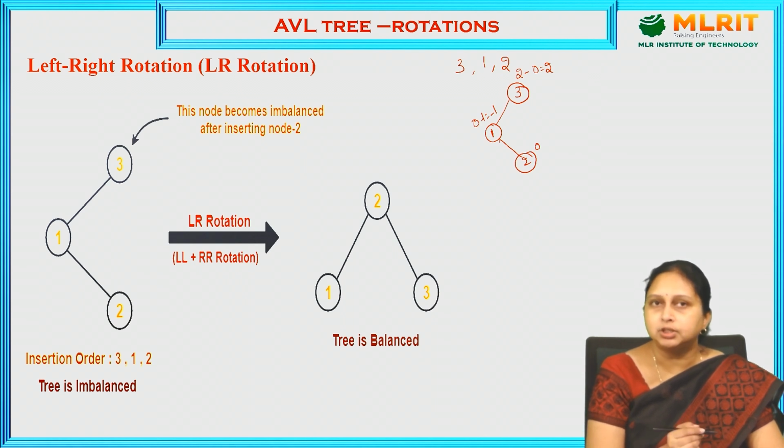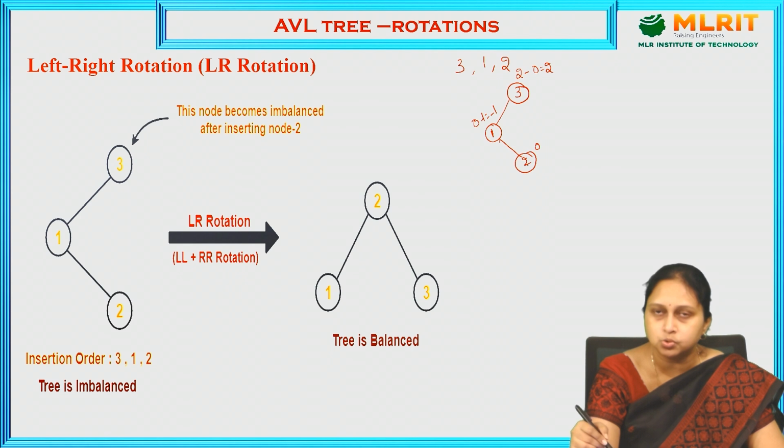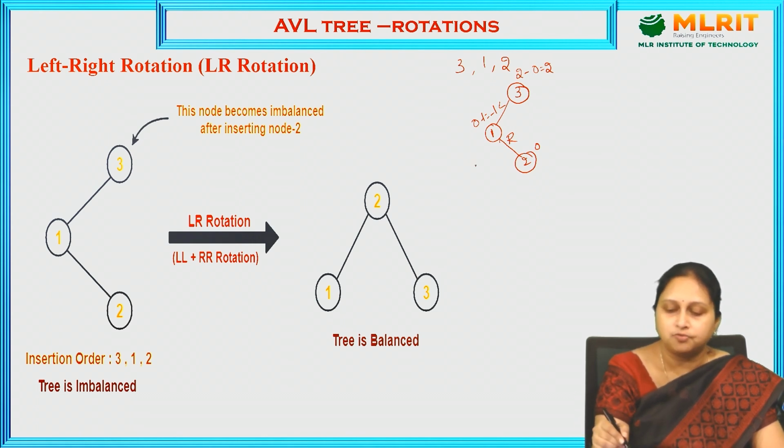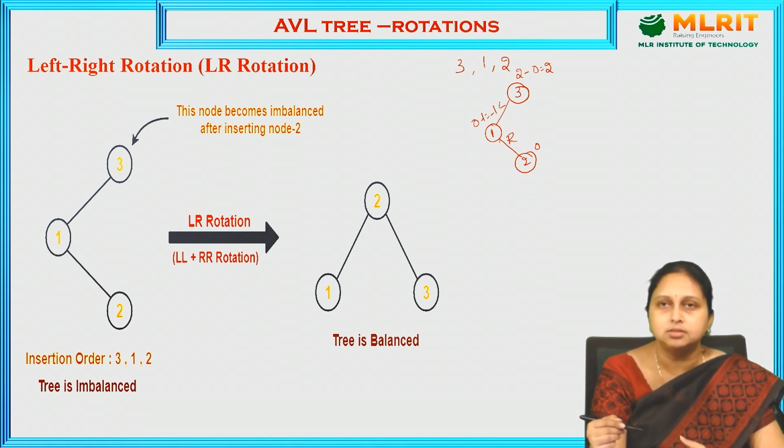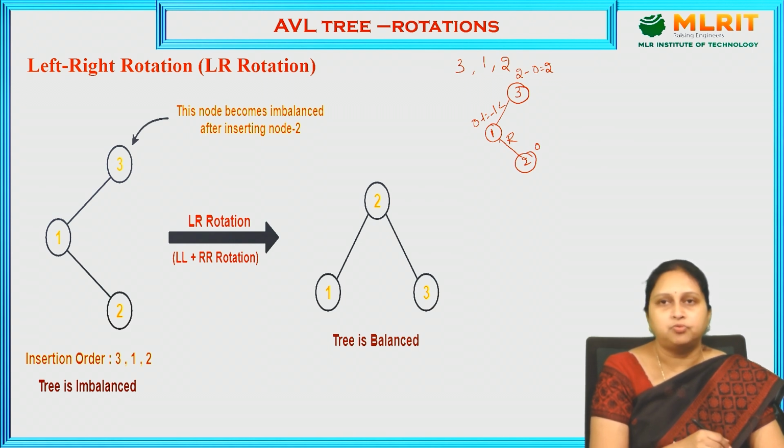With single rotation it is not possible to balance. Why? Because I have inserted this node, because of that it is imbalanced. Now observe, this is L and this is R. Right? Because of R inserting, this is imbalanced. Now we need to perform the rotation.